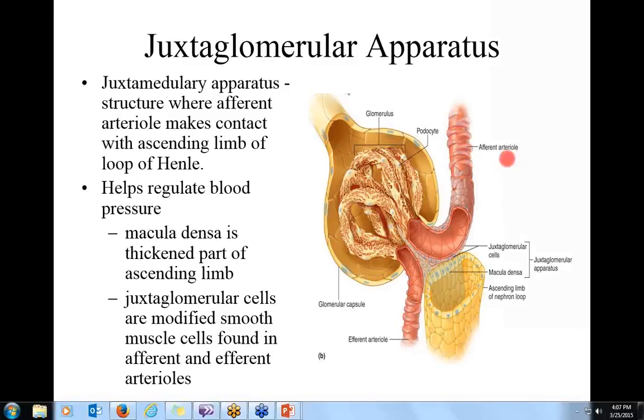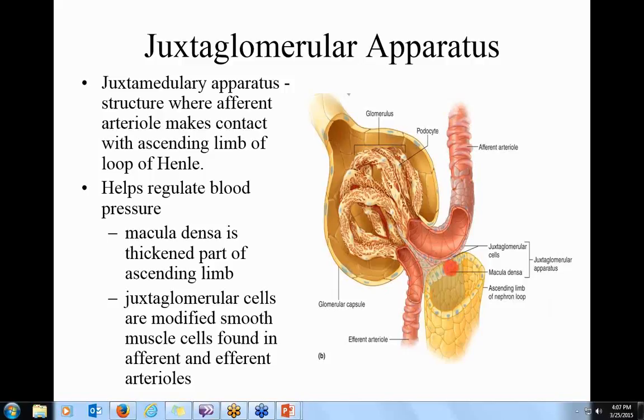Another portion of the kidney is called the juxtamedullary apparatus. It is located, if we look here on the right, where the ascending loop of Henle, the loop of the nephron that's going upward, makes contact with the afferent arteriole of the glomerular capsule.